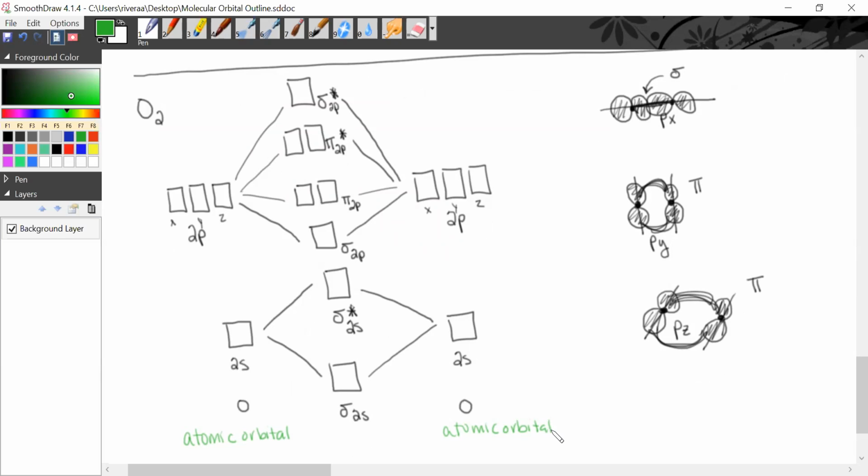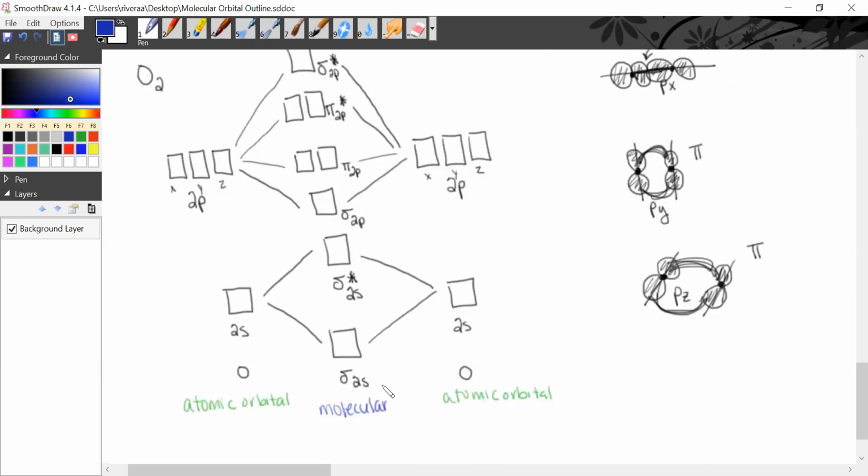When they combine, they create areas of probability between the nuclei where the electrons can exist, which would be bonding orbitals. And they also create the possibility that the electrons are not between the nuclei, antibonding orbitals. And we call this big thing in the middle a molecular orbital diagram.